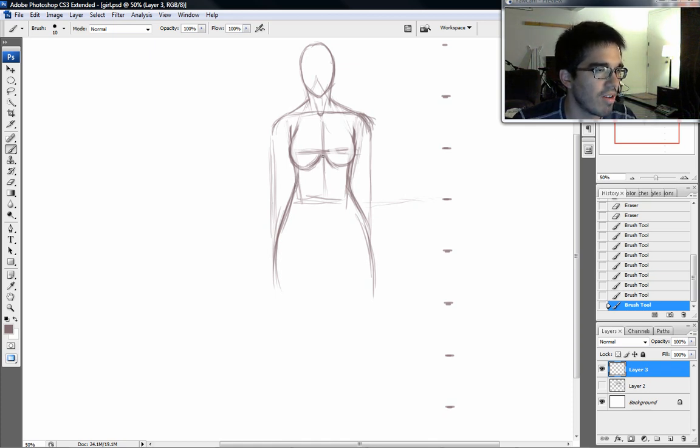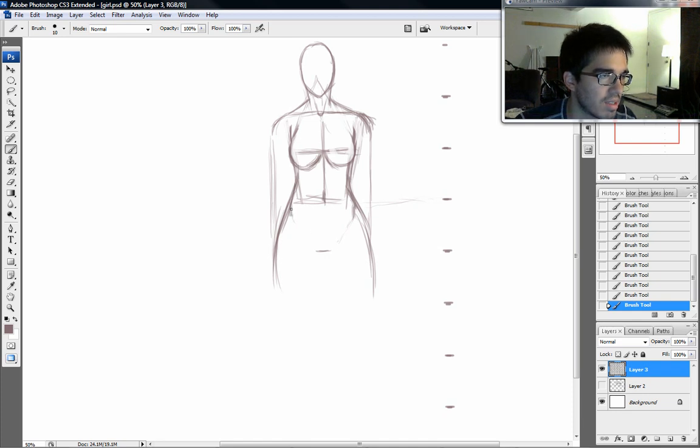So you'll follow this line down. The third head down is about where the belly button goes. Like that. And then the fourth head down is going to be your crotch region. So like that. And then from here, right here at the hip, this is about where the pelvis comes out. There's actually a little indentation. And then you follow that down.